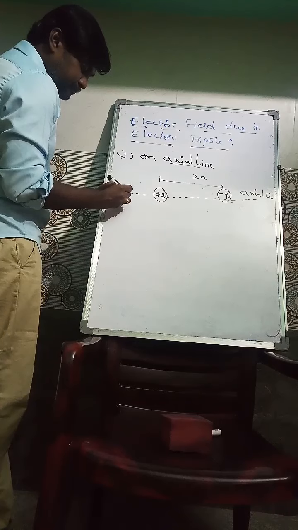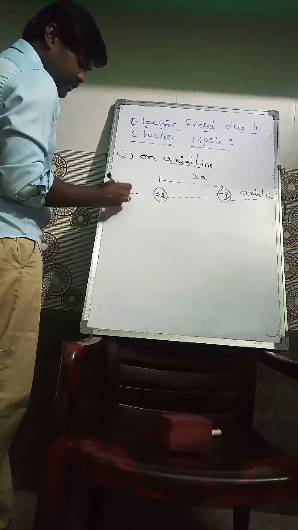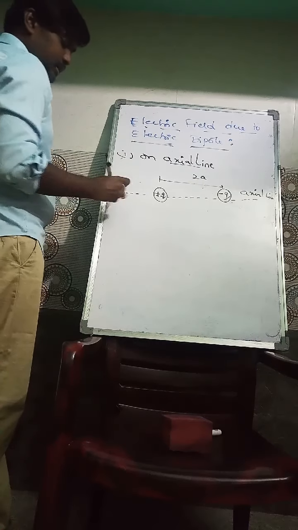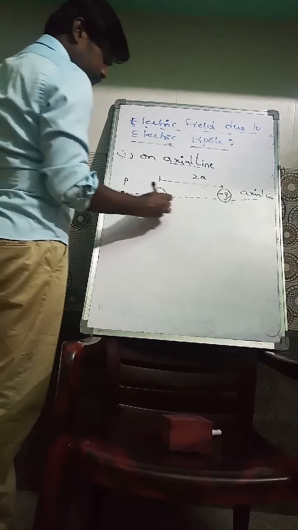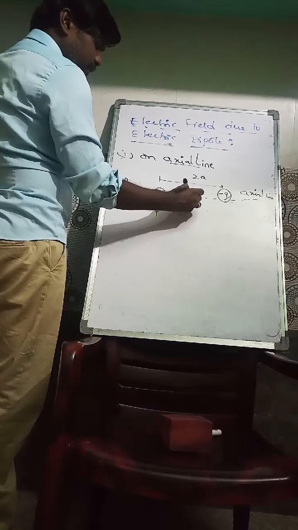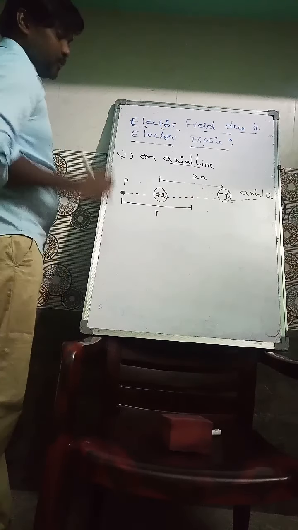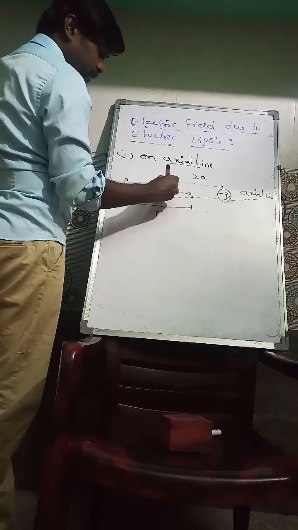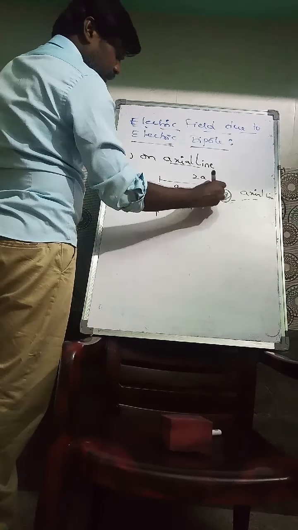At a point P, we are going to find the electric field, at a distance r from the center of the dipole. So this is the center point, and this length will be a, and this length will be a.